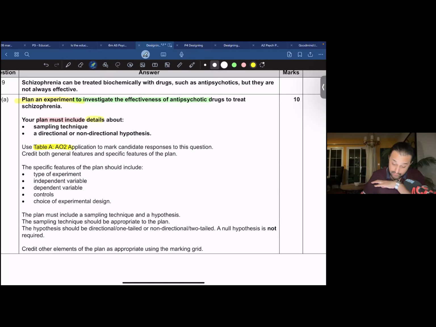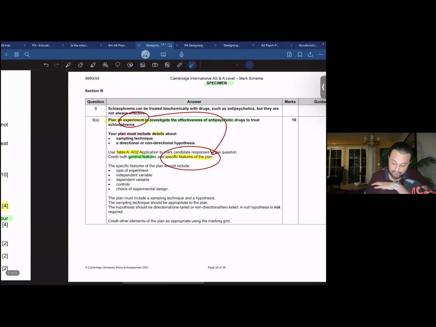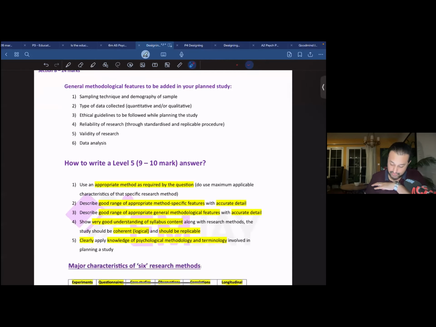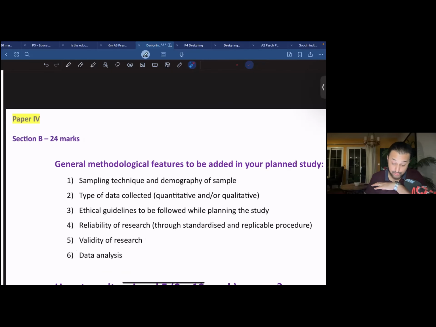What is the difference between general features and specific features? Specific features over here, my dear, would be related to an experiment, right? However, what does the examiner mean when referring to general features? These are general methodological features that you should be aware of and should be using.